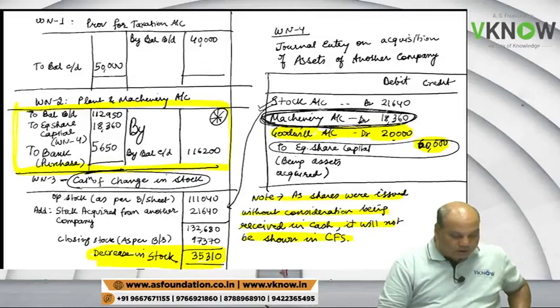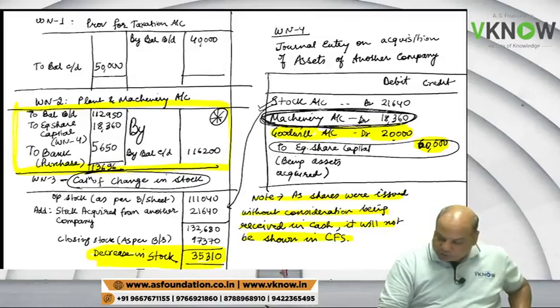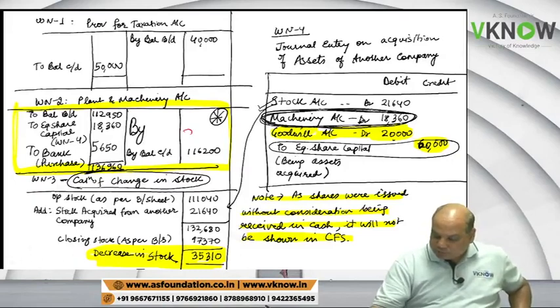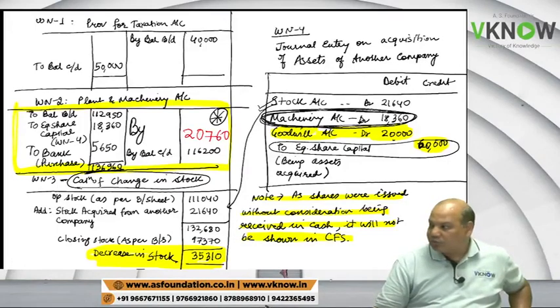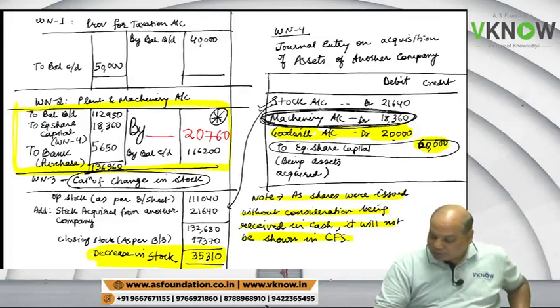Debit side total is, check the total, 136,960 minus 116,200. So your balancing figure is 20,760. Tanya is right.